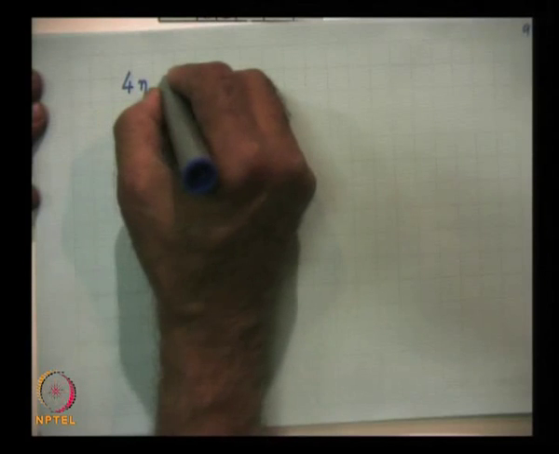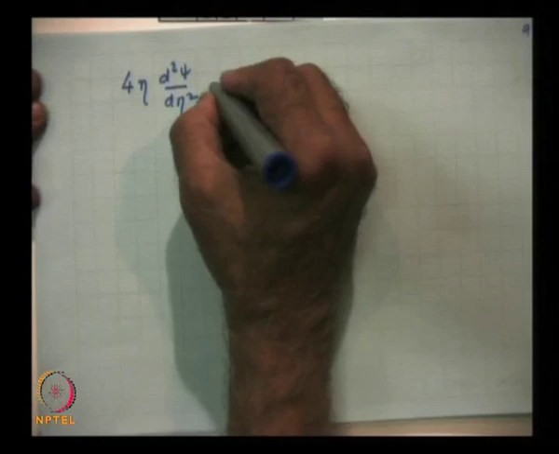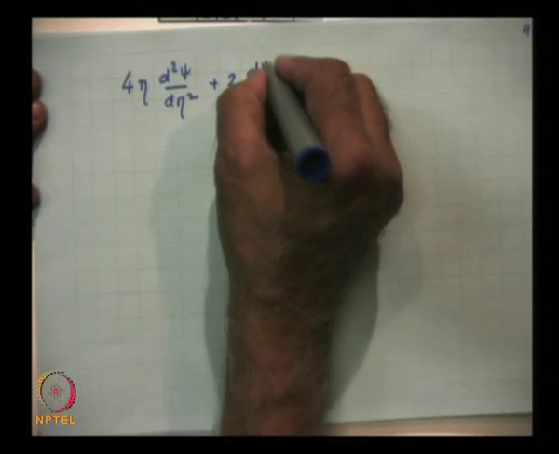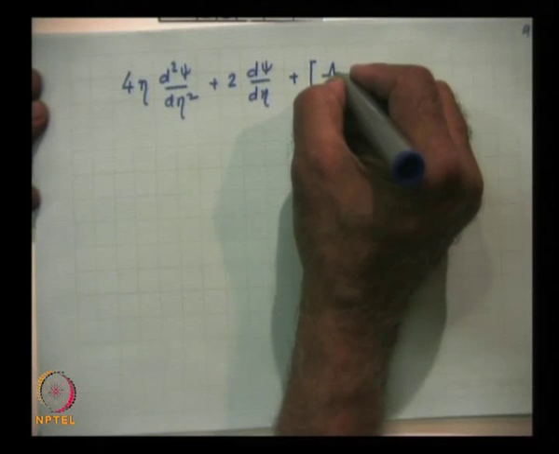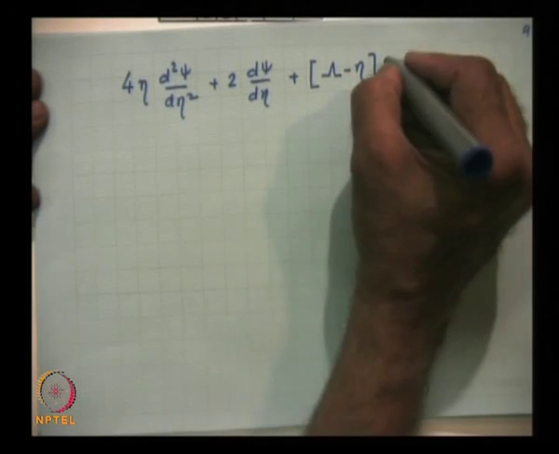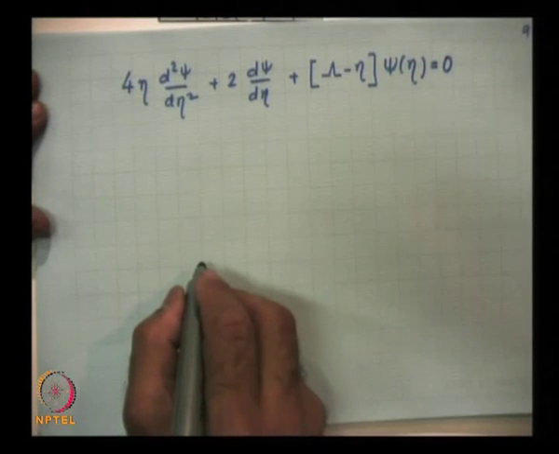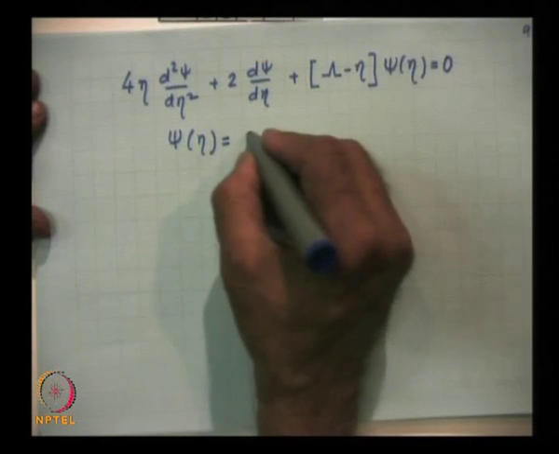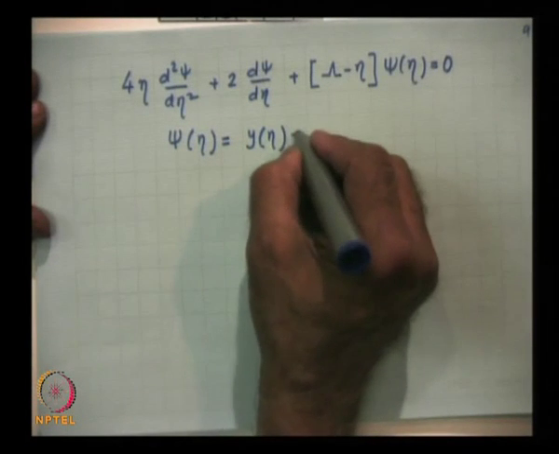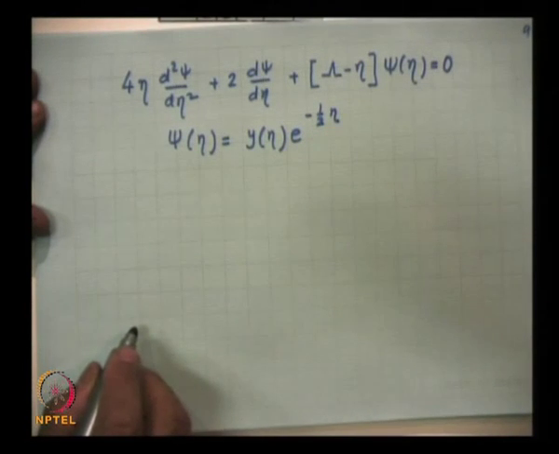So, we write this equation 4 eta d2 psi by d eta square plus 2 d psi by d eta plus lambda minus eta psi of eta is equal to 0. And we solve this equation by assuming, because for large eta it is given by this.